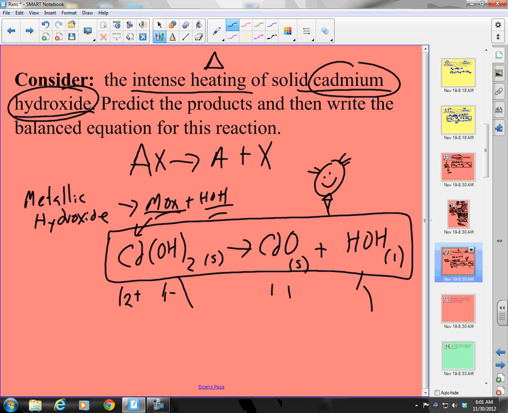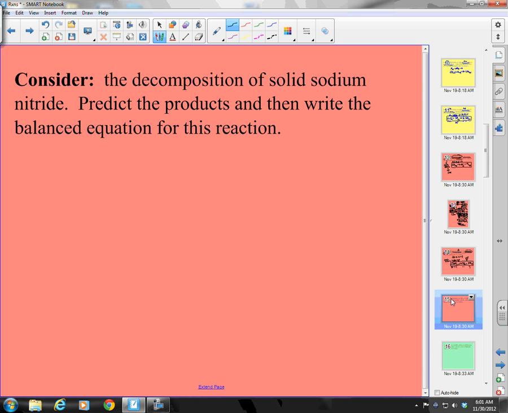Good. Next. You all try this one. Well, it's decomposition, and I have solid sodium nitride. Okay, what characterizes sodium nitride? Well, sodium is easy. That is a metal. What about nitride?